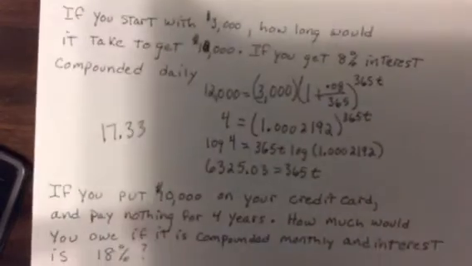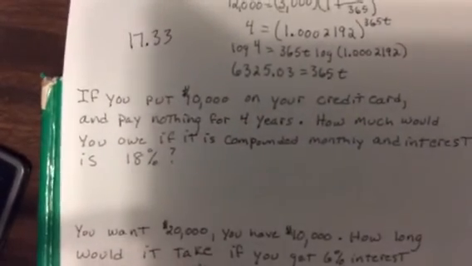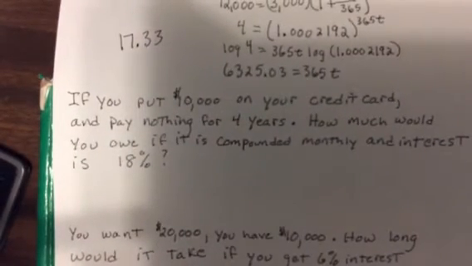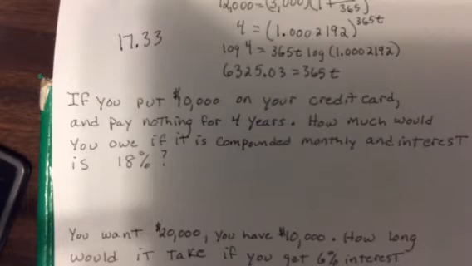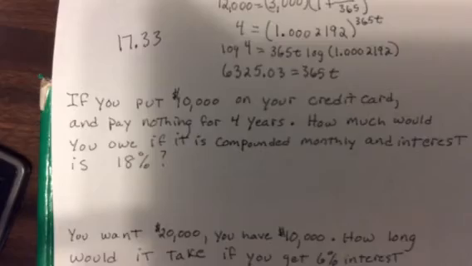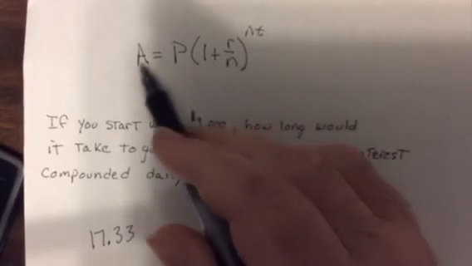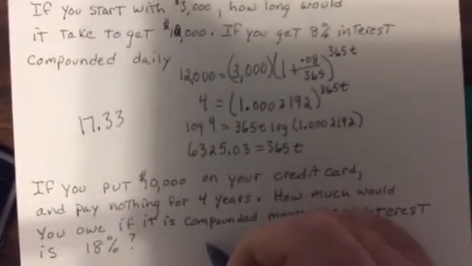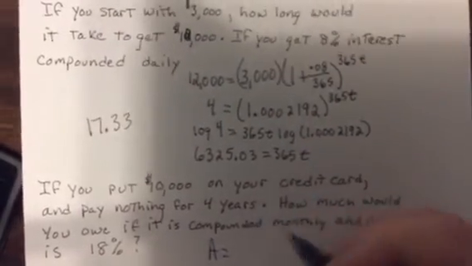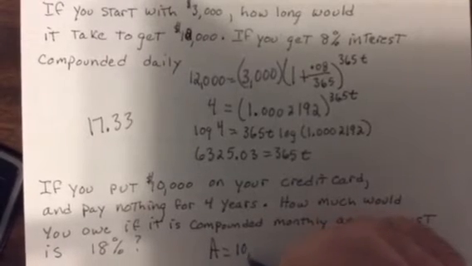Now, our homework that was due today. If you put $10,000 on your credit card and pay nothing for 4 years, how much would you owe if compounded monthly and interest is 18%? Well, again, you don't have to memorize the formula. A is the ending point, so A equals the principal, which is 10,000.